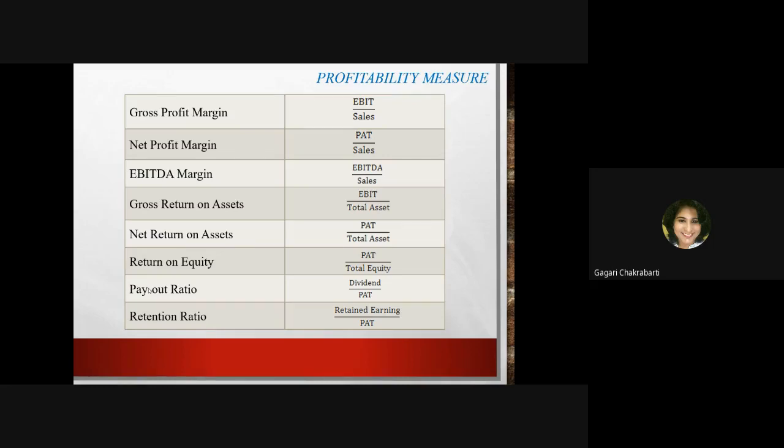Now, once again, a higher payout ratio may be good. In that case, the investors will be attracted. But at the same time, a higher payout ratio may not be that good, because the retention ratio is lower, so that the firm is not keeping money for future investment. So possibly the firm is not having any perceived growth opportunity.